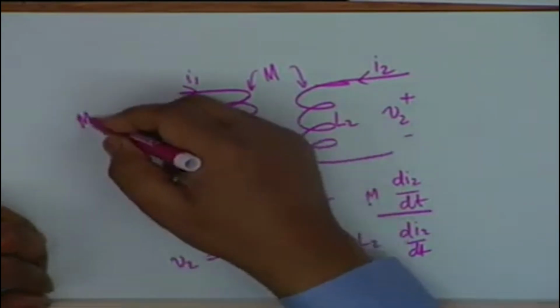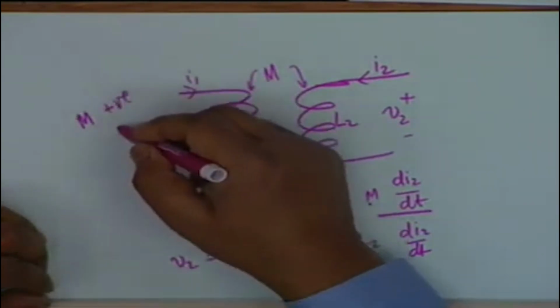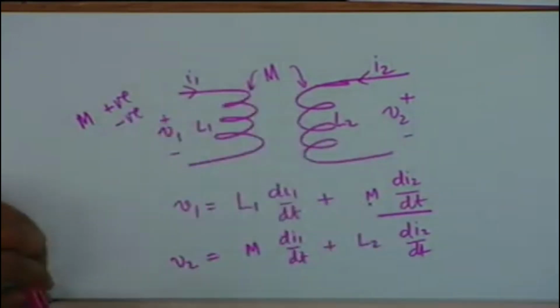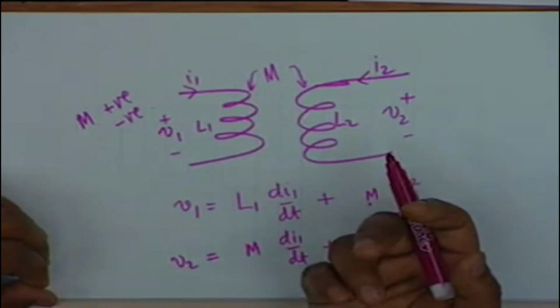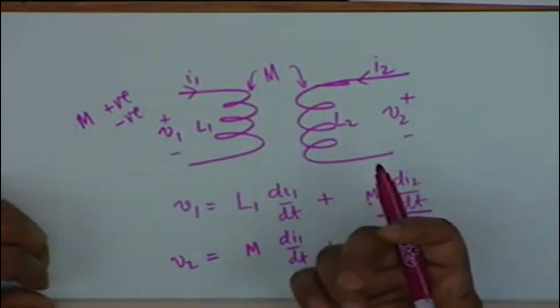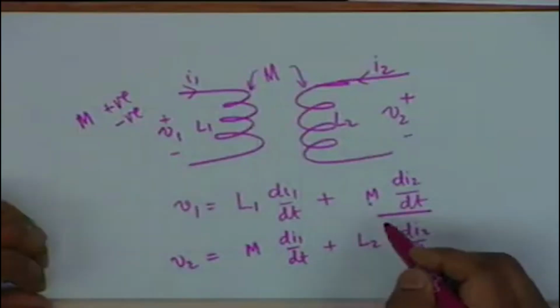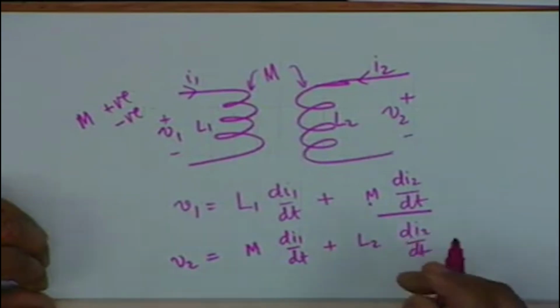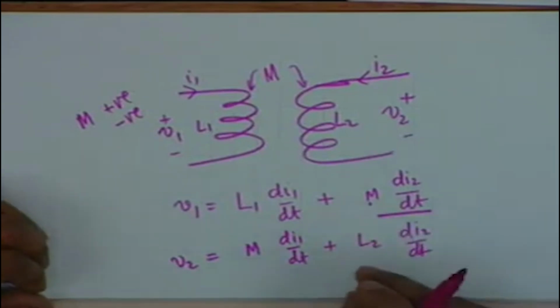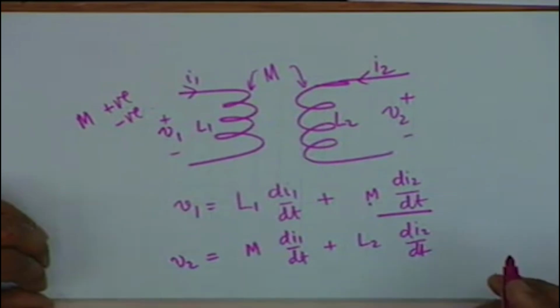So M, mutual inductance, can be either positive or negative. Do you understand when it is positive and when it is negative? It is positive if the mutual induction produces a voltage which is of the same polarity as due to self induction. On the other hand, if mutual induction produces a voltage which tries to annul the voltage due to self induction, we say capital M is negative.